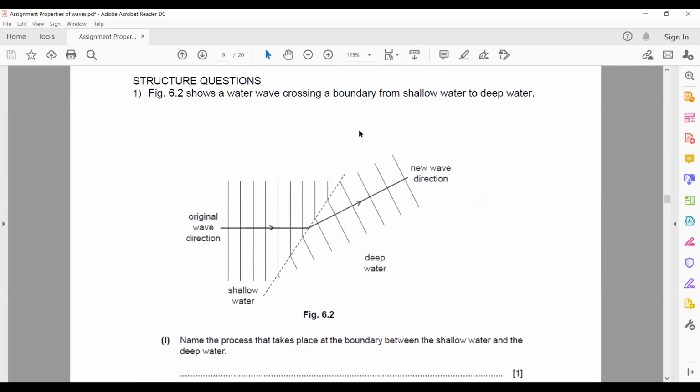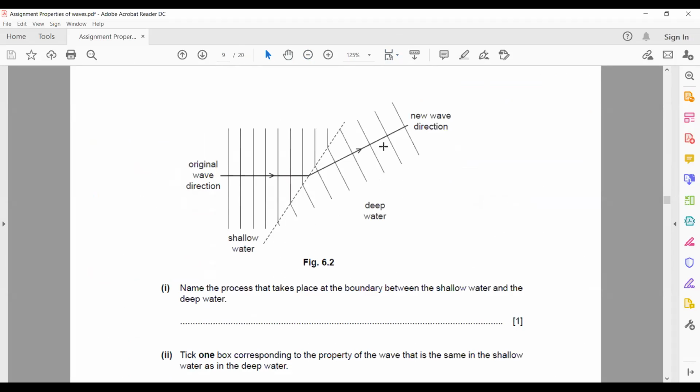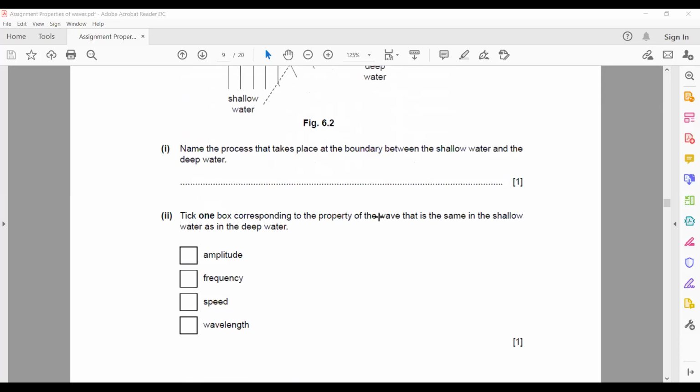Structured questions. Figure 6.2 shows the water waves crossing the boundary from shallow to deep. The original wave direction and a new direction is given. Name the process that takes place at the boundary between shallow water and deep water. It's refraction, that's right. Tick one box corresponding to the property of a wave that is the same.